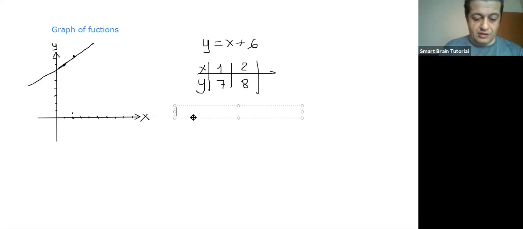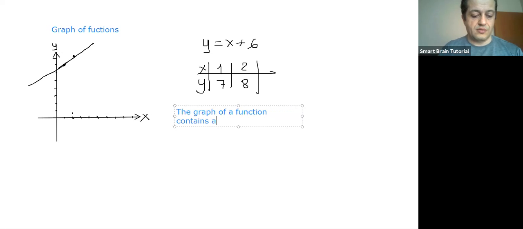I will write it here. The graph of a function contains all possible pairs of numbers that are part of the function itself.